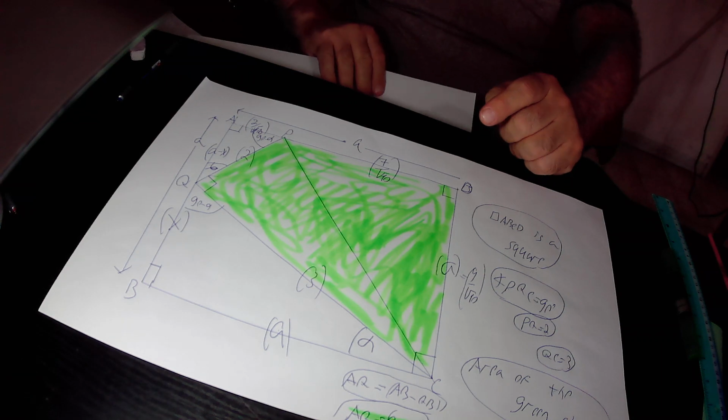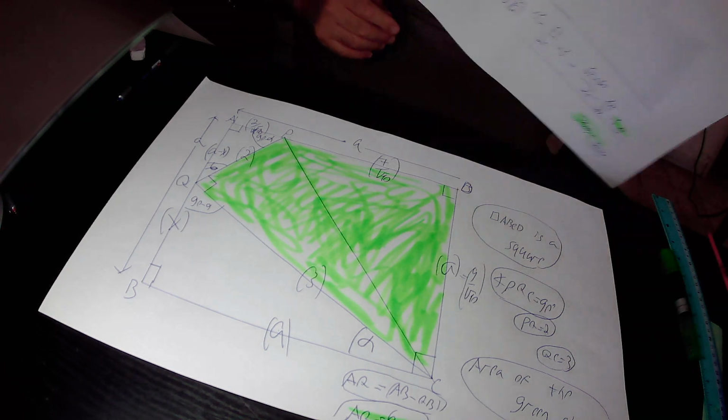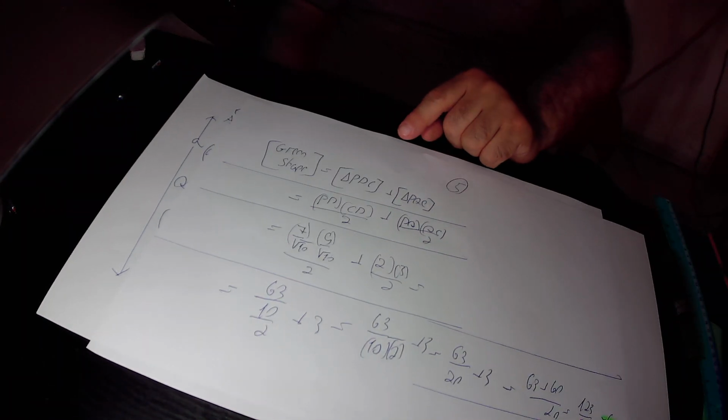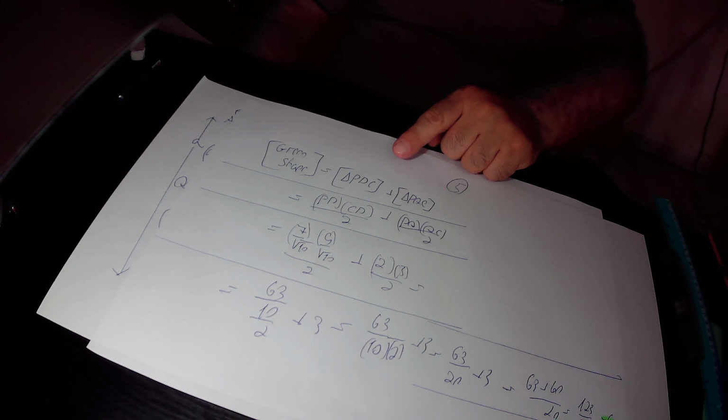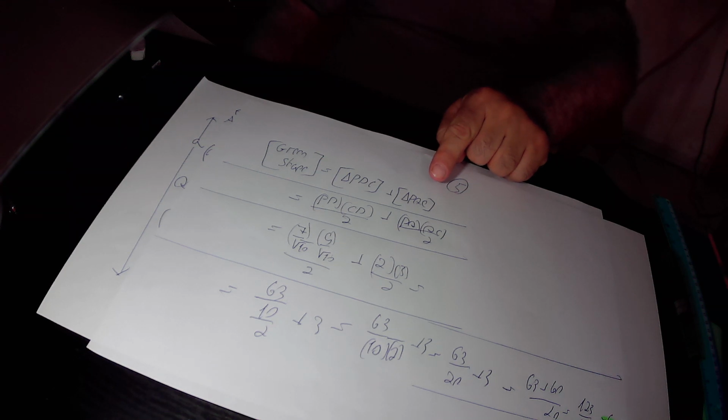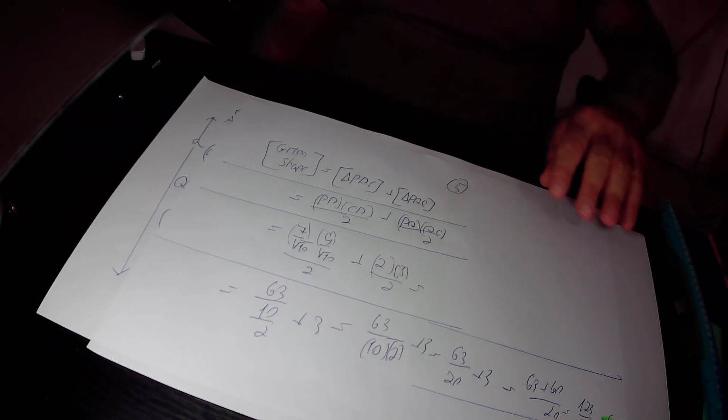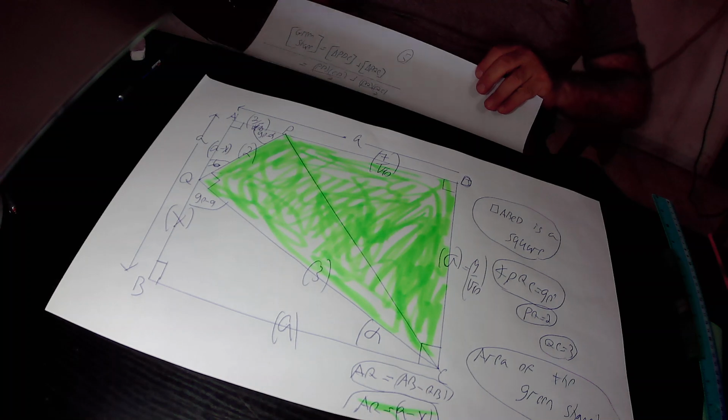So I write it now. We found that the area of the green shape in total equals the sum of the areas of the 2 components that it consists of. That is to say, it equals the area of the green right triangle PDC plus the area of the green right triangle PQC. What is the area of the right triangle PDC?